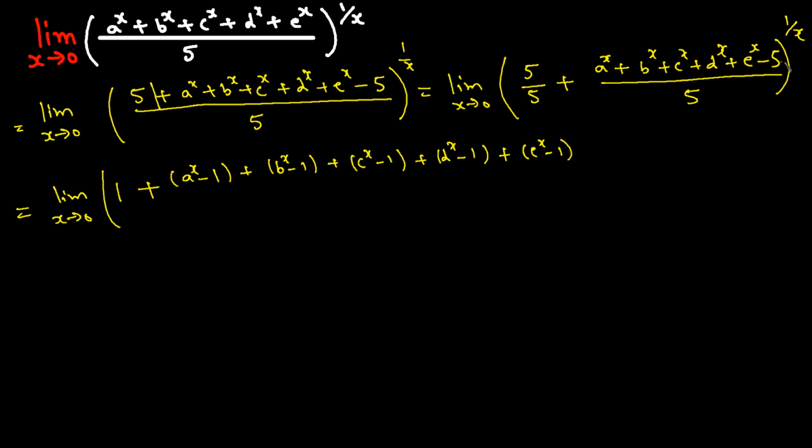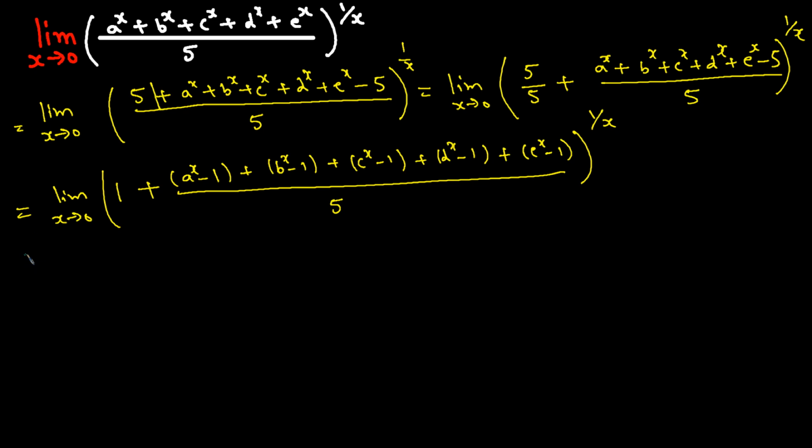So see, I broke this 5 into these 5 ones, and if I add them, negative 1, negative 1, negative 1, negative 1, this negative 1, they all give you this negative 5 back, and divide it by 5 over here and this all raised to power 1 over x.